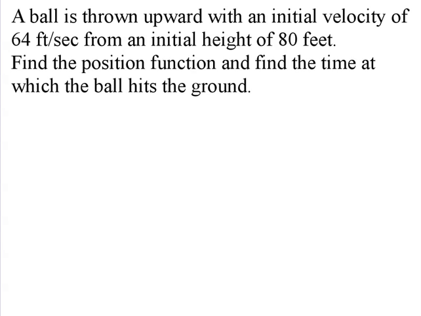And so now, I'm given an initial velocity and an initial height. So first of all, let's go ahead and write down my initial velocity. I know that v of 0, my velocity at time 0, is 64, correct?